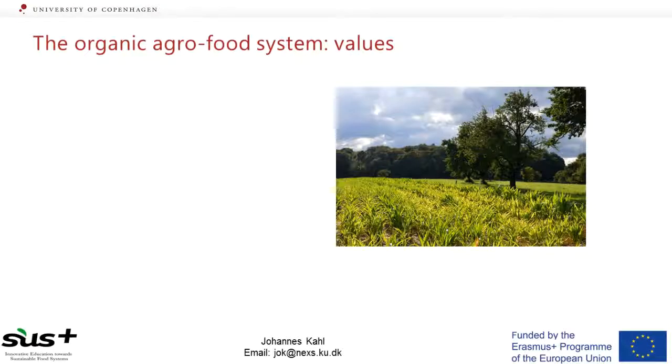The organic food system can be described as a values-based food system. The values can be identified from various sources and documents, such as the Codex Alimentarius or the organic standards by the International Federation of Organic Agriculture Movements, IFOAM, or the national regulations, as well as from private standards, advertisements, and presentation of companies.